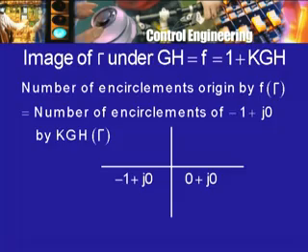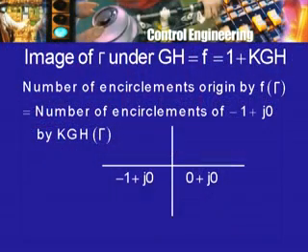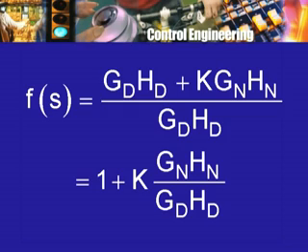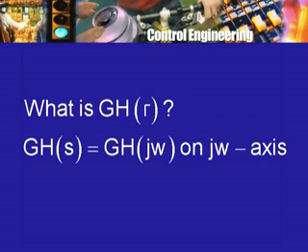So this point minus 1 plus j0 plays a very special role in the application of the Nyquist criterion. But the reason why it comes about is because the origin plays a special role in Cauchy's principle of the argument, and because of our choice of f as 1 plus something, gh of s, where s is j omega, where omega is a real number. Now we will see in a moment that this complex number gh of j omega has a particular interpretation.